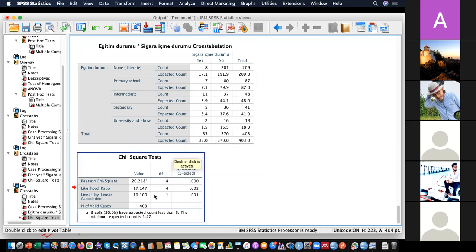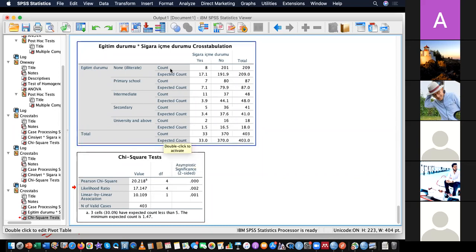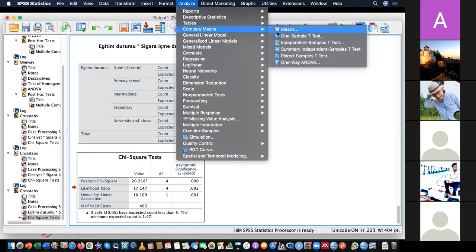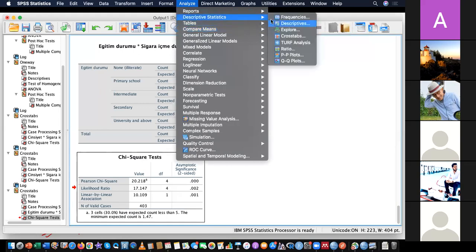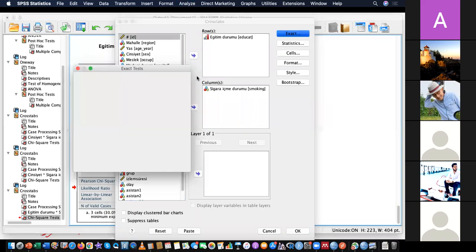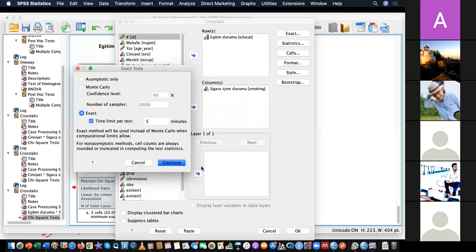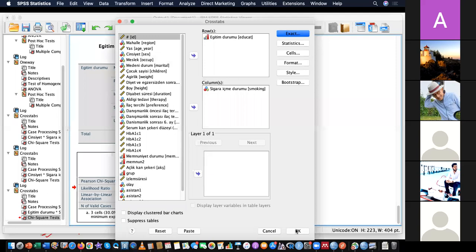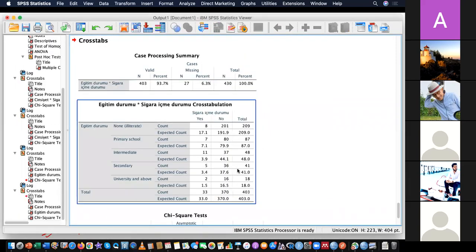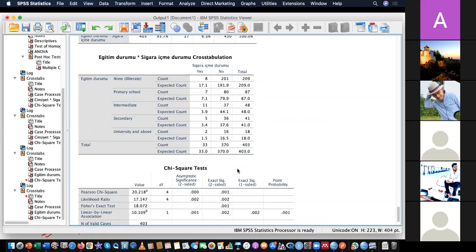Or the other possibility is that SPSS also calculates the exact values for the larger groups. For this, we have here the exact option. If you select the exact option, but it's not possible for some calculations because this requires a lot of processor capacity.